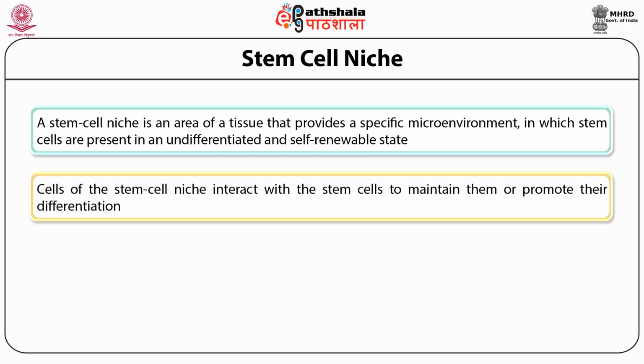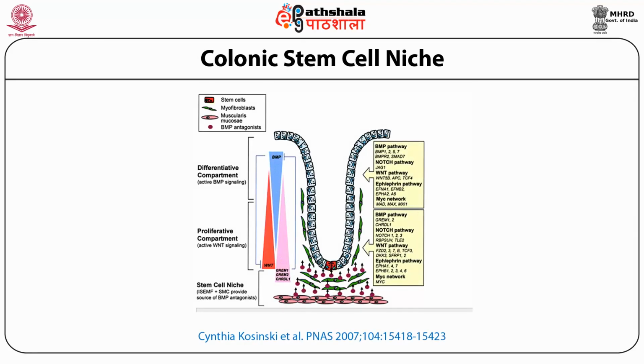Let us understand this with a diagram which is shown in the next slide. This is a graphical view of a human colon intestinal epithelium, and it shows the presence of a red area which is the stem cell niche at the bottom of the crypt, and this is where the stem cell exists.